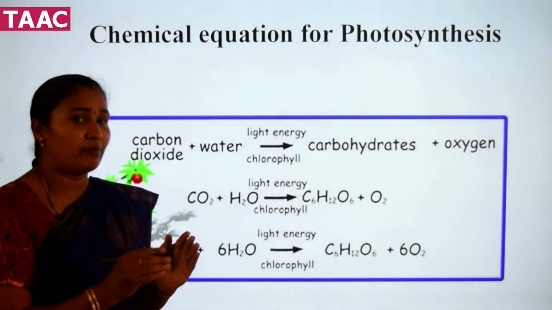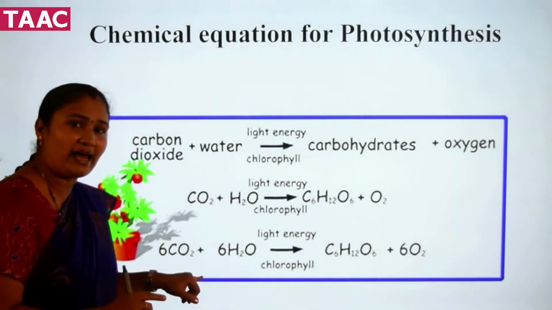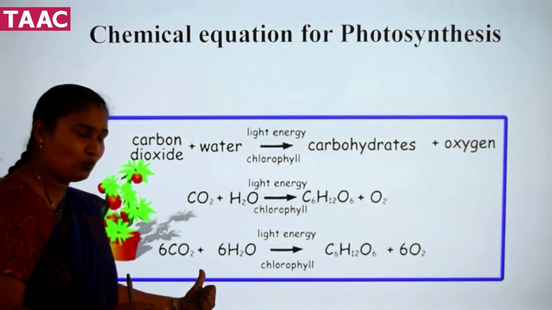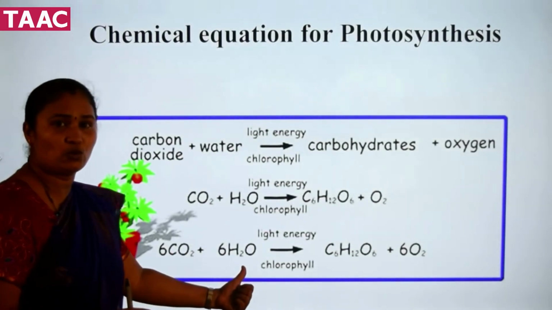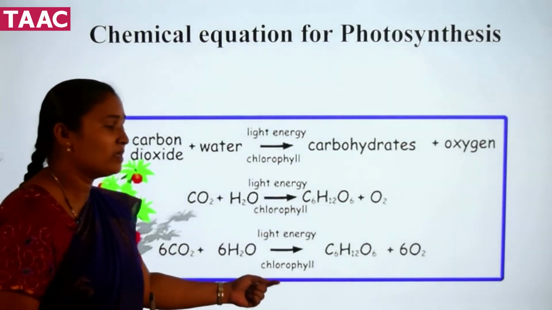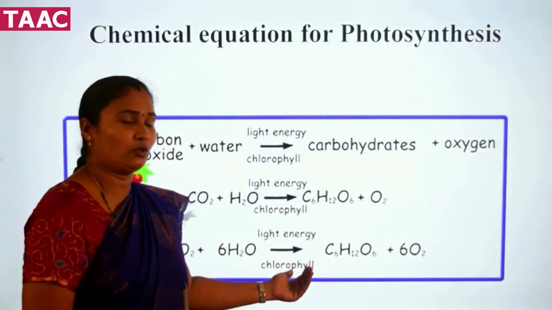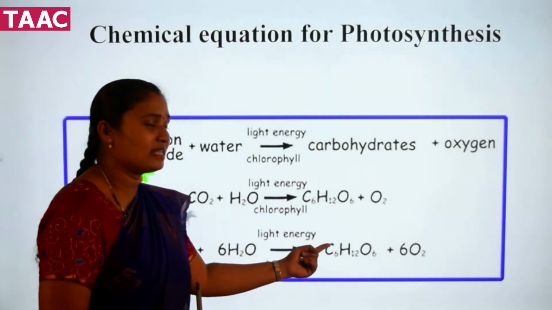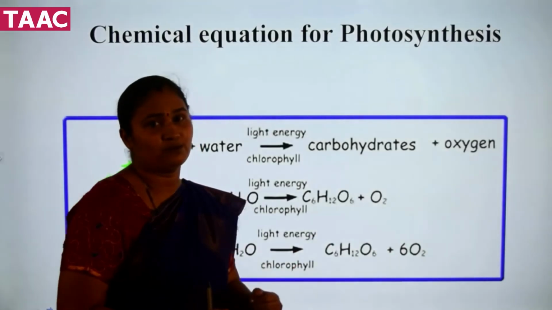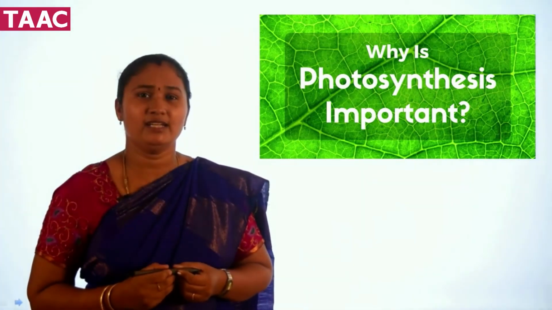The equation should always be balanced on both sides. So here is the balanced equation: 6CO2 plus 6H2O, in the presence of light energy and chlorophyll, produces a carbohydrate, that is a glucose molecule, C6H12O6, plus 6O2.